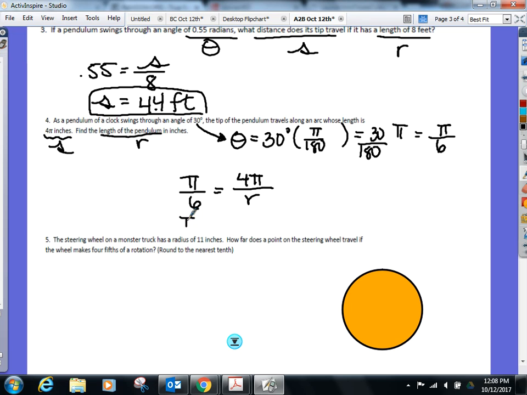Ready? Pi times R equals 6 times 4 pi, 24 pi. Or multiply it on your calculator, whatever you prefer. What are you going to divide both sides by now? Pi. And what happens when I do that? They're gone. So my radius length, the length of the pendulum, is 24 inches.